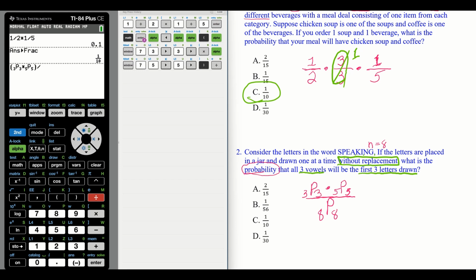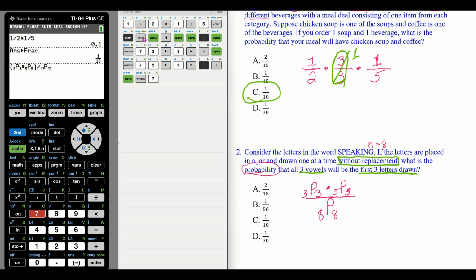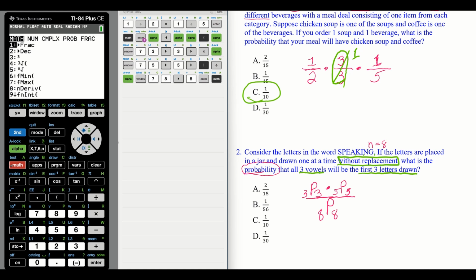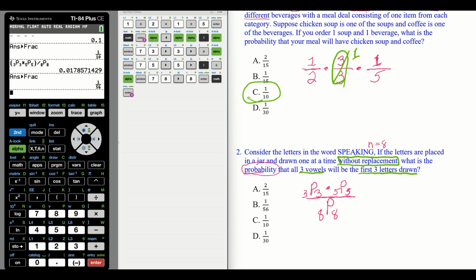So our denominator, we don't need parentheses because we just have the one permutation. So then 7, alpha window 7, and we have 8 out of 8. Enter. Okay, we need a fraction, so that's math, enter, enter. 1 out of 56. Perfect.